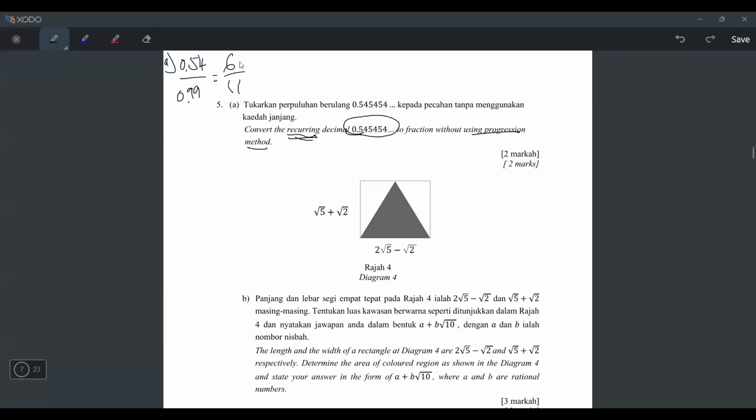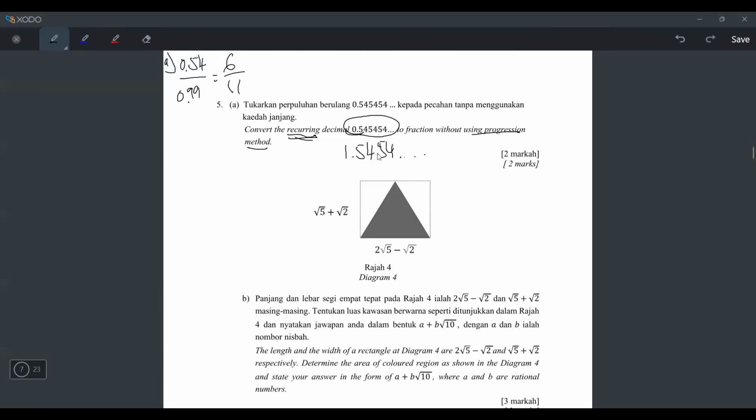It means if I press 6 divided by 11, I will end up with a decimal that goes on forever, 0.5454545454, like that. So yeah, that's how you do it. But what if it's 1.5454? Then how do you want to do it?